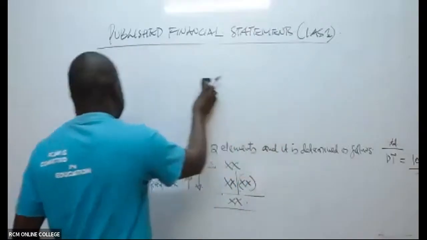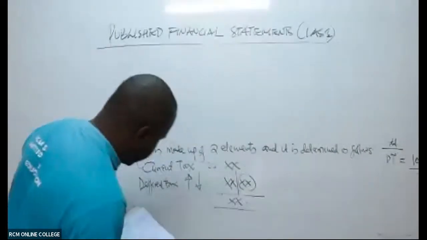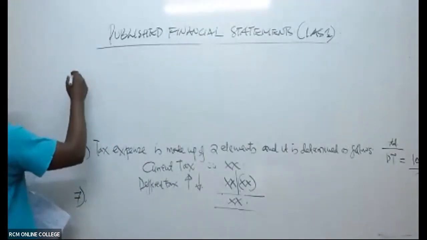So other incomes apart from revenue will be recognized as other comprehensive income.